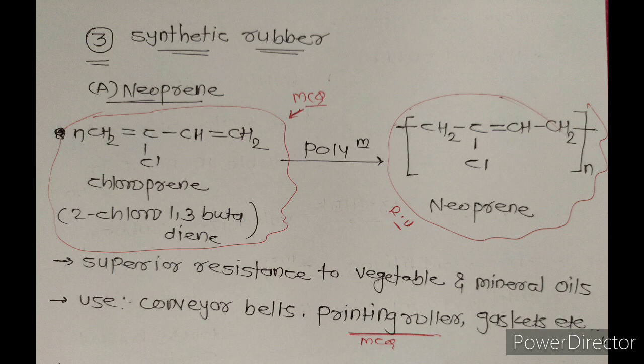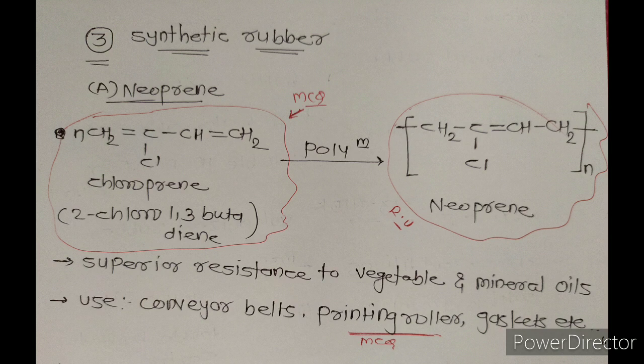Now we will discuss MCQs one by one. The first MCQ: state the monomer which is used in the preparation of neoprene. Then the answer is chloroprene. We have to remember the structure of chloroprene also. Second question, state the IUPAC name of chloroprene. Then the answer is 2-chloro-1,3-butadiene. Next question, state the repeating unit of neoprene.